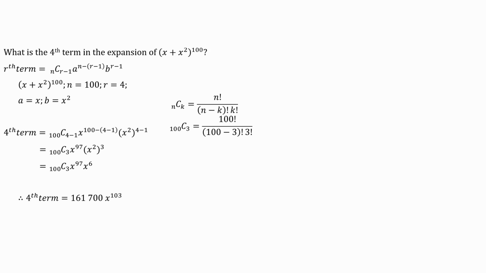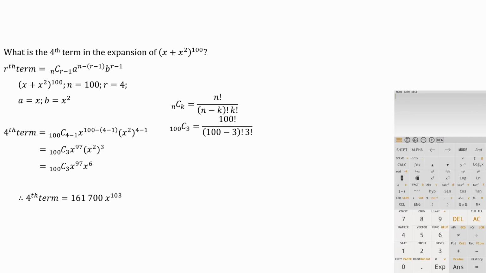So 100 factorial equal yun sa 100 times 99 times 98 times 97 hanggang 1, and then over 100 minus 3 factorial times 3 factorial. So solve natin. Equal yan sa 161,700.